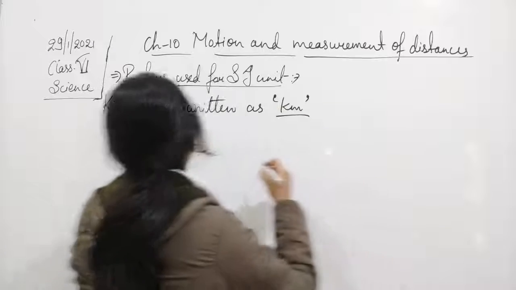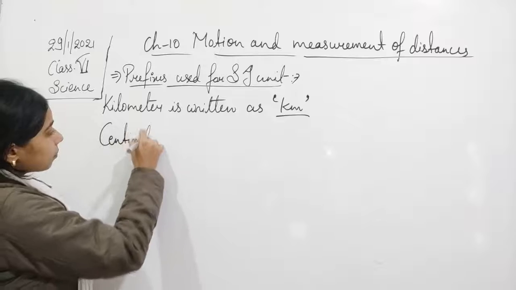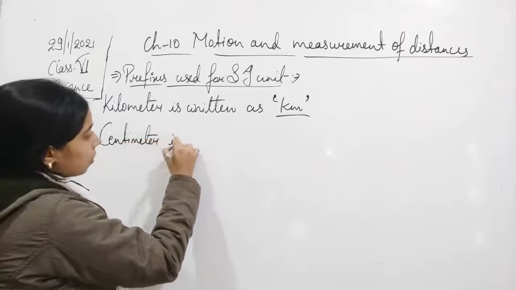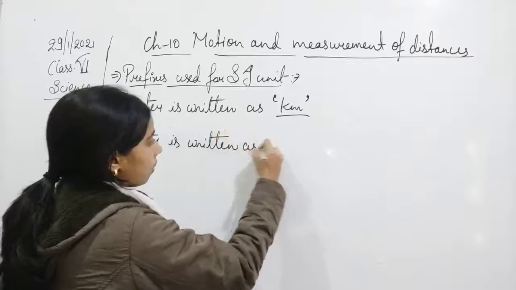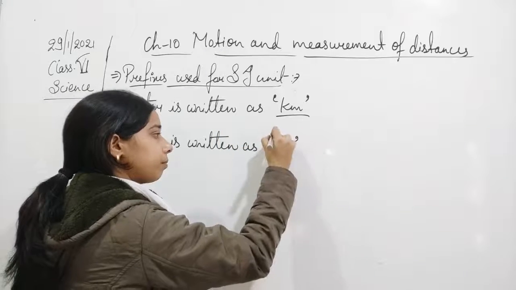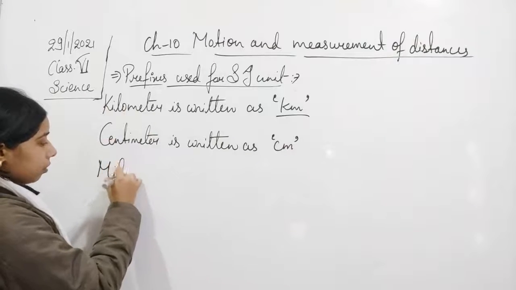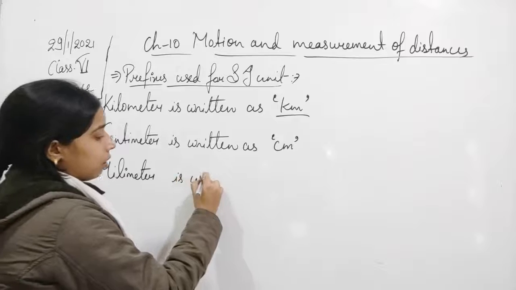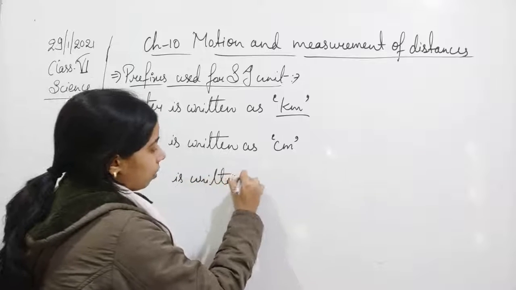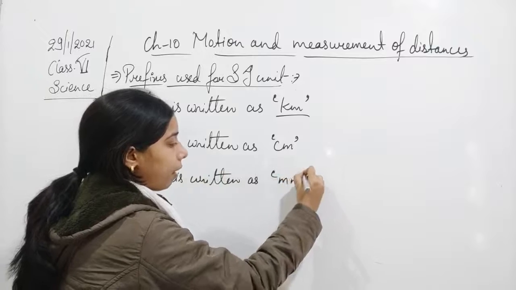Then centimeter is written as cm, and millimeter is written as mm.